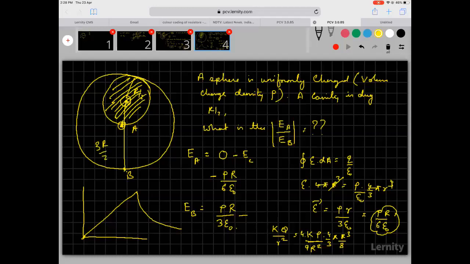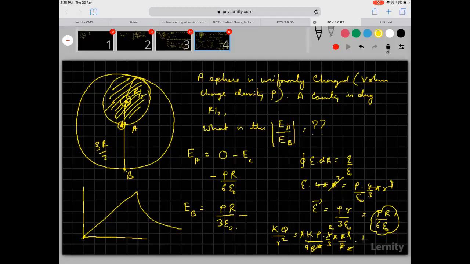So 4 here. Now when I simplify this, let me see. So this 4, wait, r squared here, this goes. 4 will go 2 times. 2 will go 2 times. So it becomes minus 2 by 27. This k is 1 by 4 pi epsilon naught because we have written it like that.